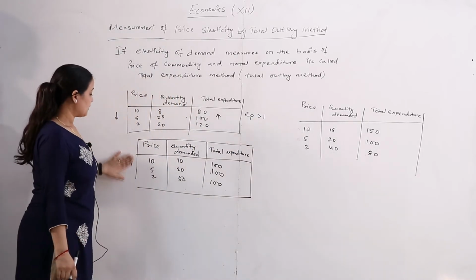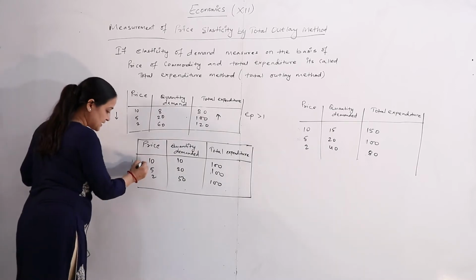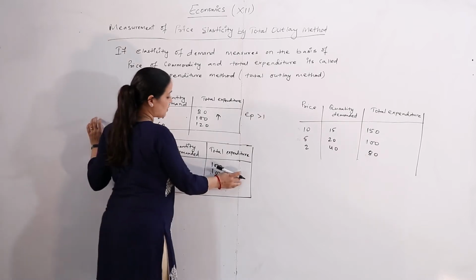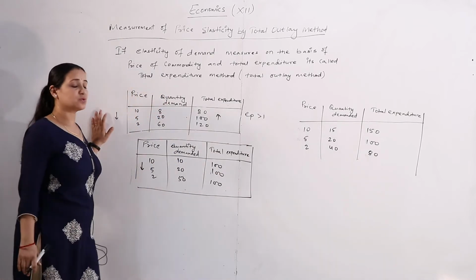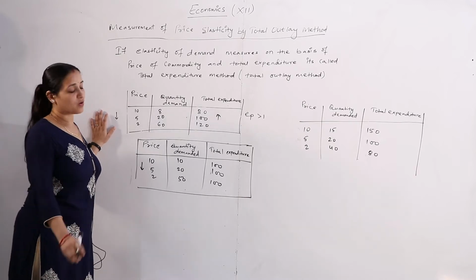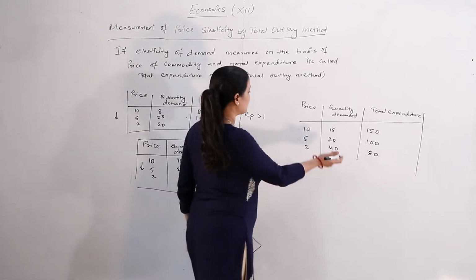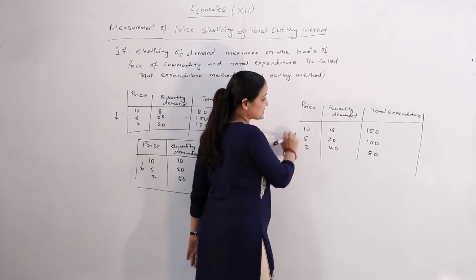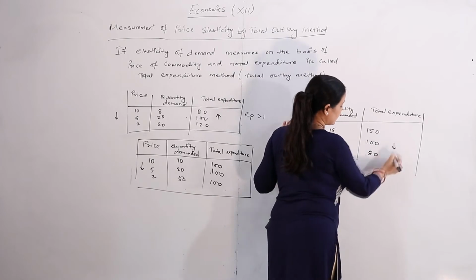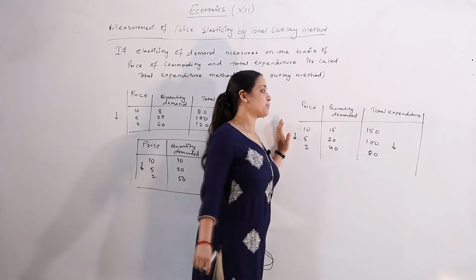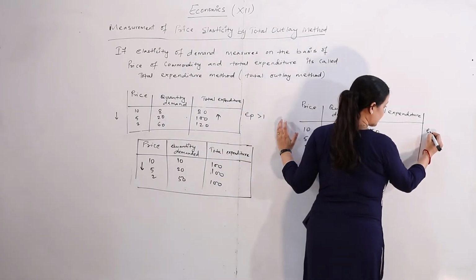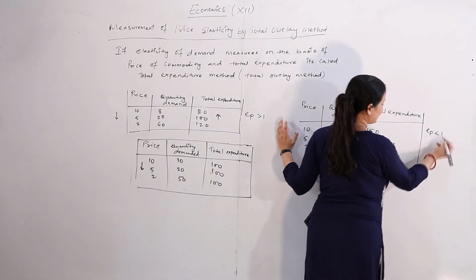Another one: when the price decreases, the total expenditure remains constant. It means when the price increases or decreases, the total expenditure always remains constant. And another one: when the price decreases, the total expenditure also decreases. Here is the positive relationship between the price and total expenditure, so it shows the price elasticity is less than unity.